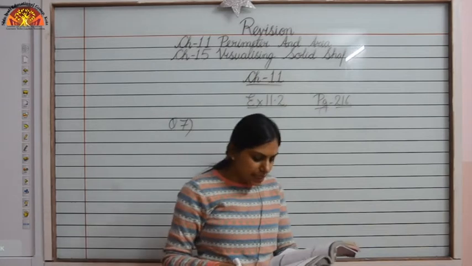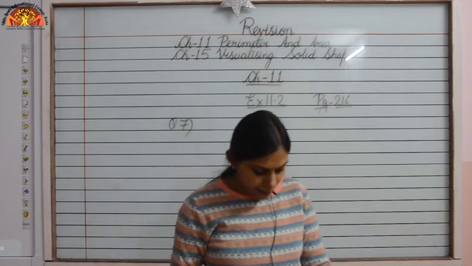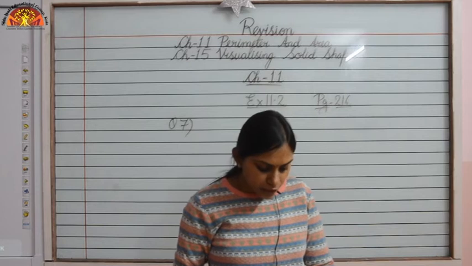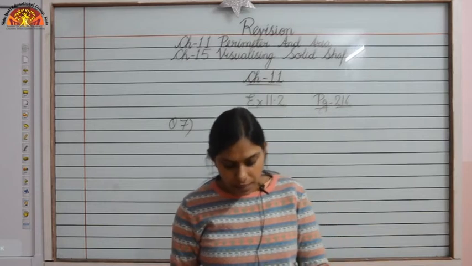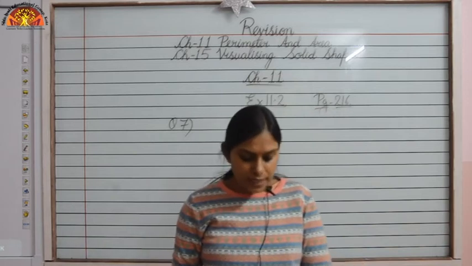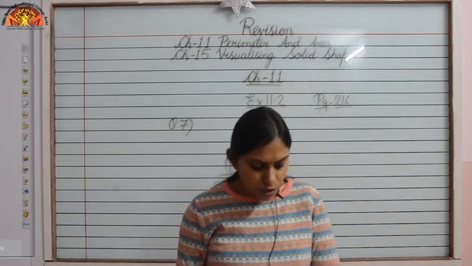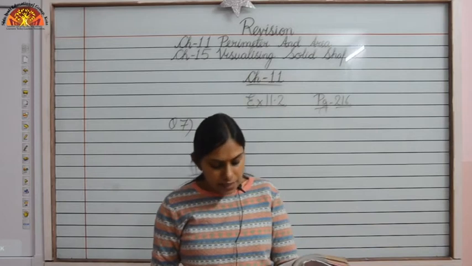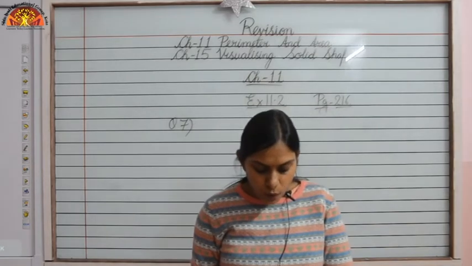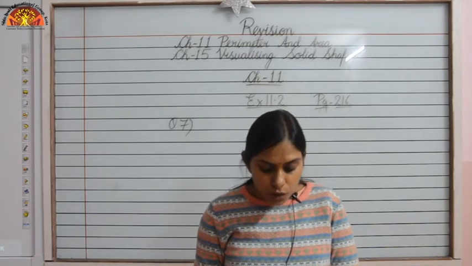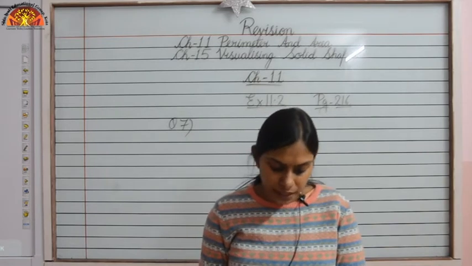Triangle ABC is right angled at A, figure 11.25. AD is the perpendicular to BC. If AB is equal to 5 centimeter, BC is equal to 13 centimeter and AC is equal to 12 centimeter, find the area of triangle ABC. Also find the length of AD. Okay children.